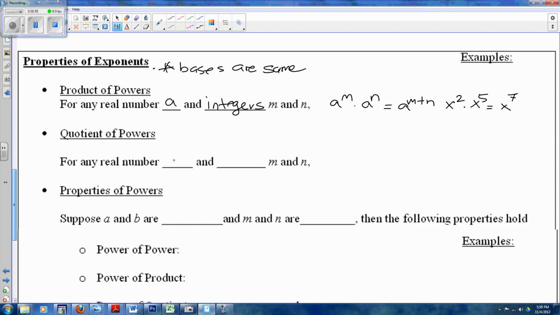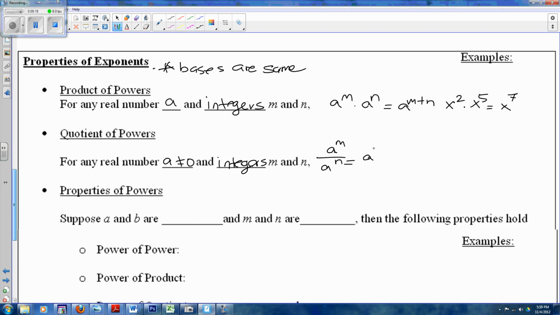When you're dividing, for any real number a not equal to 0, because we can't have a on the bottom be 0, and integers m and n, if you have a to the m over a to the n, the quotient rule, what can we do?